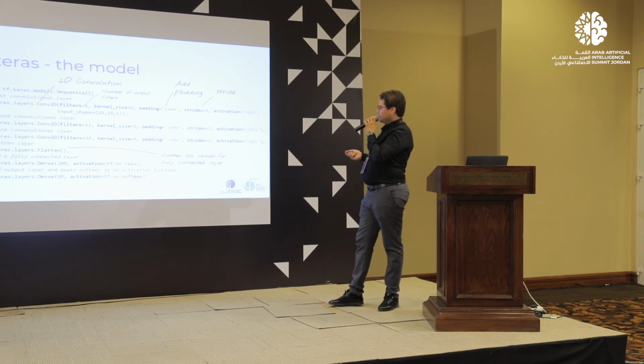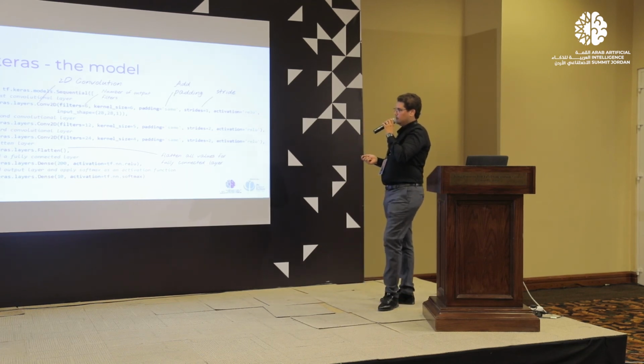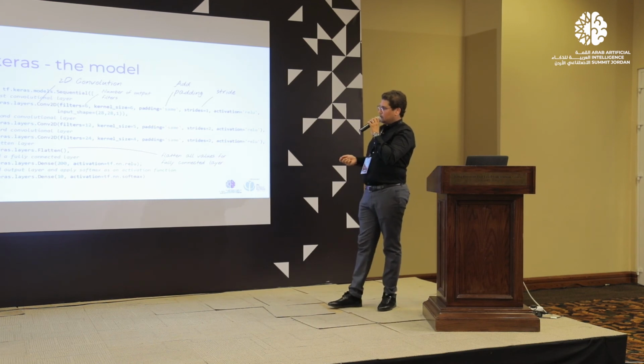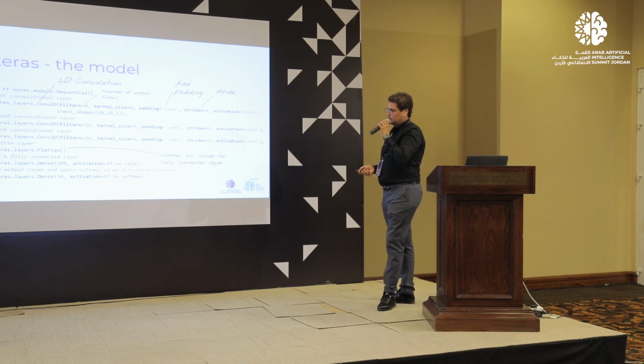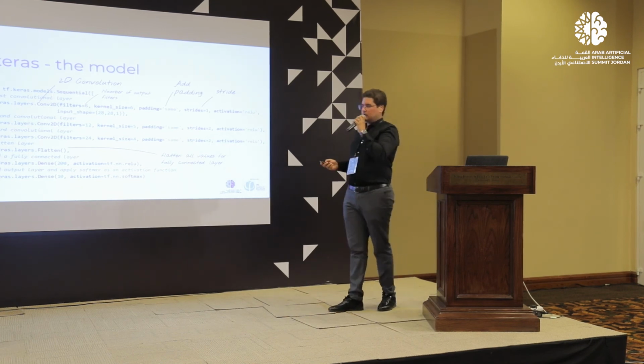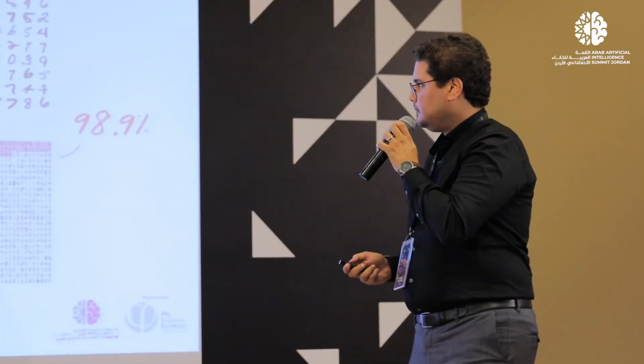The strides equal 1, and the activation is ReLU. We'll add 3 convolution layers, then flatten the last one, and use the fully connected or dense layer with 200 units. Then at the end, we will use the dense layer with 10 units as the output.